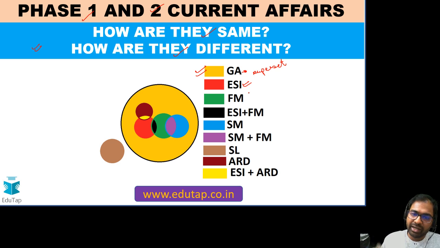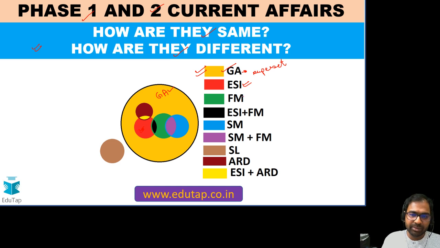So whatever current affair based question you read or the theory you read for the current affairs of ESI, on all those topics questions can be asked in phase 1 GA of RBI, NABARD as well as SEBI, because ESI is nothing but a subset of the superset of GA. This yellow is GA. Fine. So GA बड़ा है, ESI उसका एक part है.